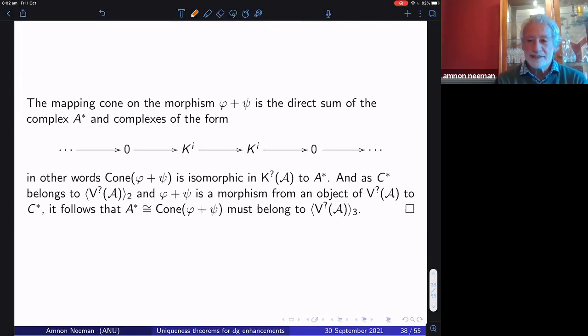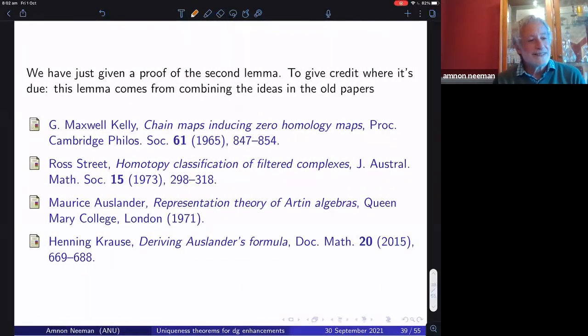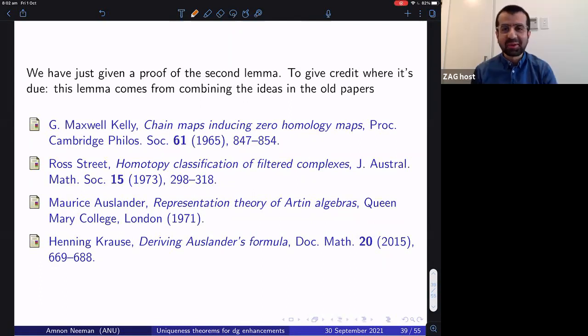You could wonder where this comes from. It follows from old ideas, by combining the ideas of these 4 papers. Yeah, that was shocking. Thank you.